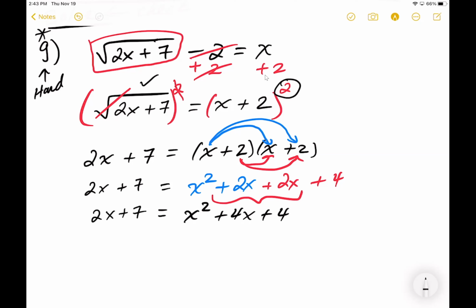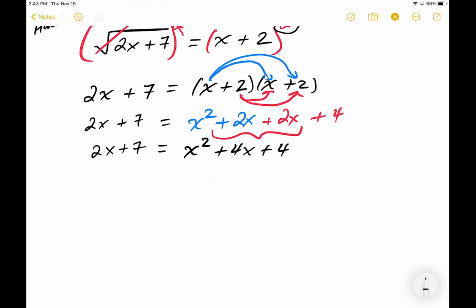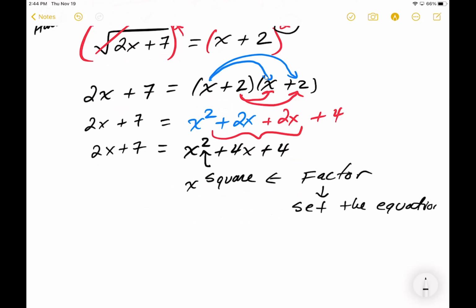And after all this, like I mentioned, we are not done, because in order for you to solve the x squared, we need to factor. And in order for you to factor, we need to set the equation equal to 0. That's what we need to do.